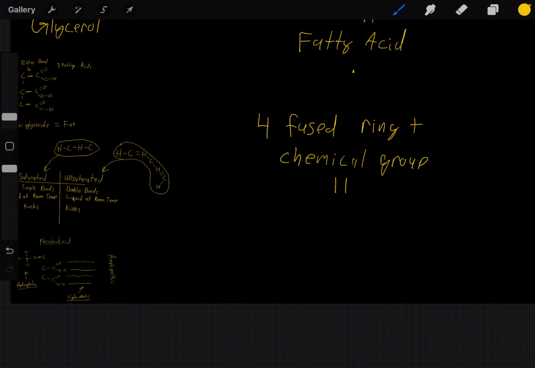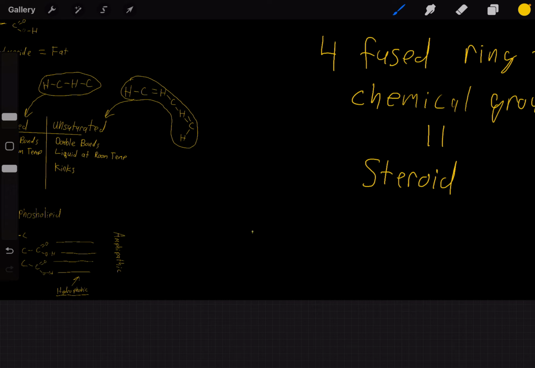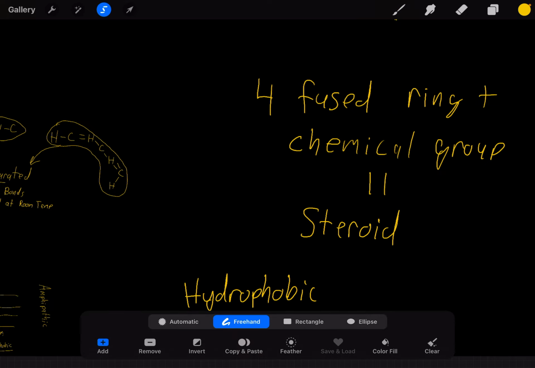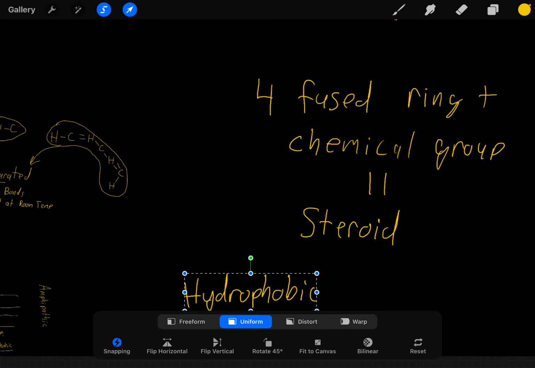And this would equal a steroid, which is also hydrophobic. Steroids are also hydrophobic.